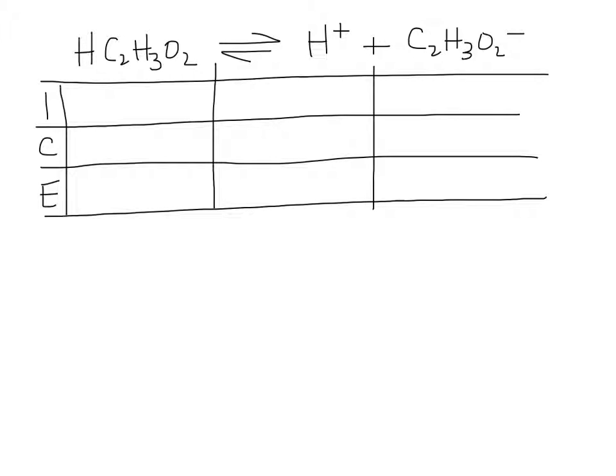So remember that we just calculated that the concentration of acetic acid initially would be 0.25 molar. So we're going to make the assumption that this is not at equilibrium yet, so we have no hydrogen ions that have meaningfully dissociated. Now here's the piece where we have to be very careful and think carefully.